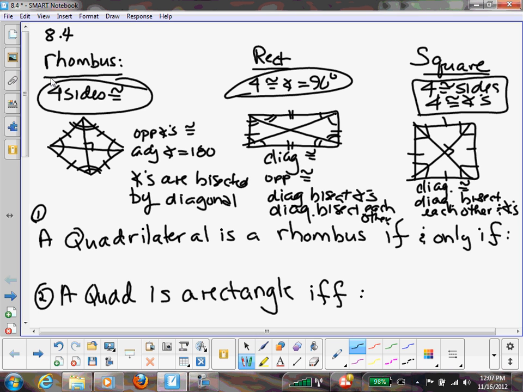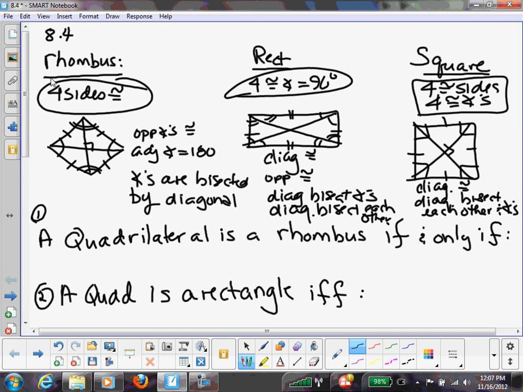Yes. If they're congruent and you form a right angle, then they have to get bisected also. Do we know that both pairs of opposite sides are congruent? Are all the sides congruent? No. Are both pairs of opposite angles congruent? Are all the angles congruent?